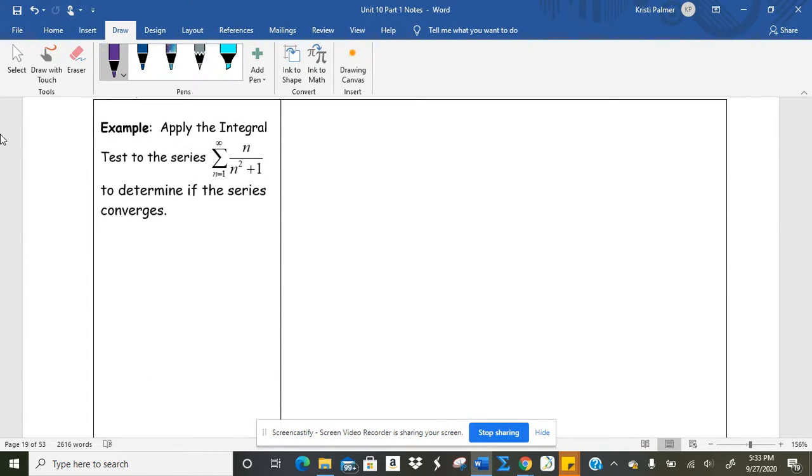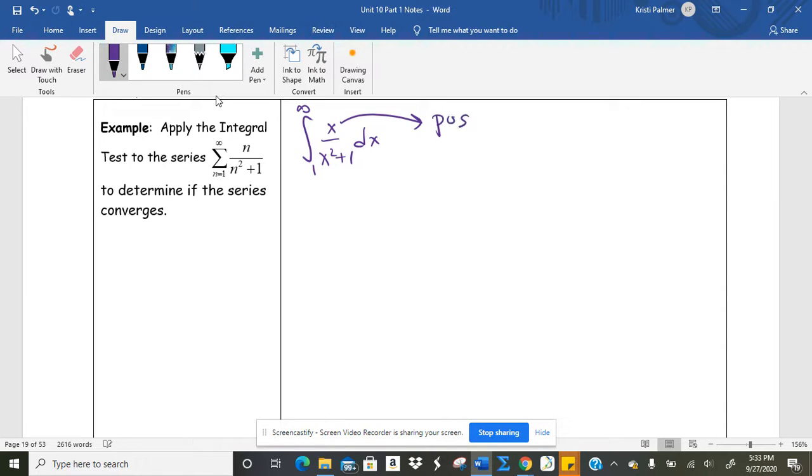Okay, this one wants me to apply the integral test to determine if the series converges. So let's look at what this series would be. It'd be from 1 to infinity, n over n squared plus 1. Actually, let's use x's. It's just easier. So x over x squared plus 1 dx. And what about this function?